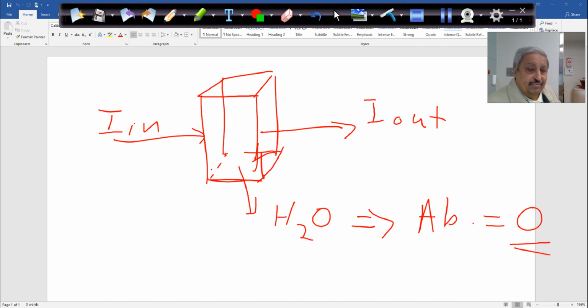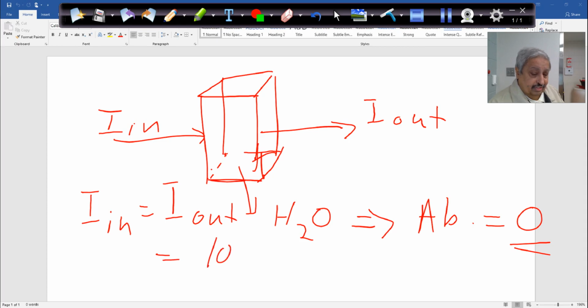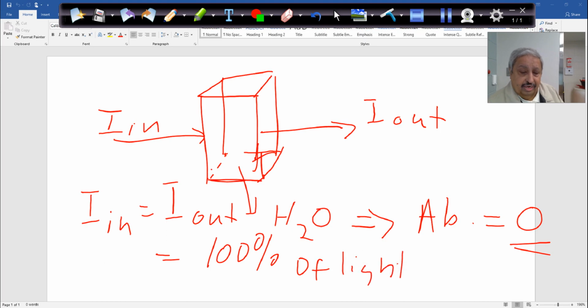No absorbance. In equals out, 100% of the light intensity going in and going out. So we'll use this as a reference, as a blank.